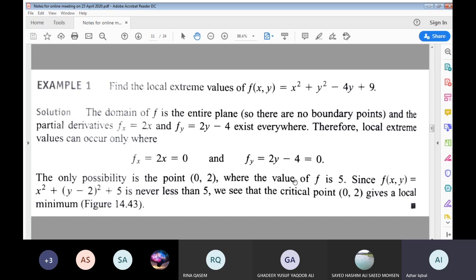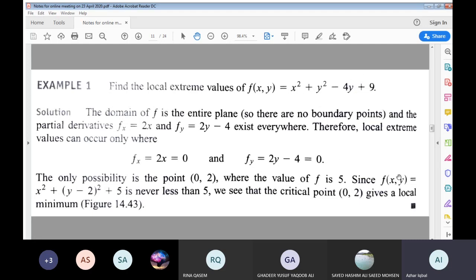That is the point at which both of them vanish. 2x equals 0 means x is equal to 0, and 2y minus 4 equals 0 means y is equal to 2. At 0 and 2, putting x equal to 0 and y equal to 2, the value of the function is 5.